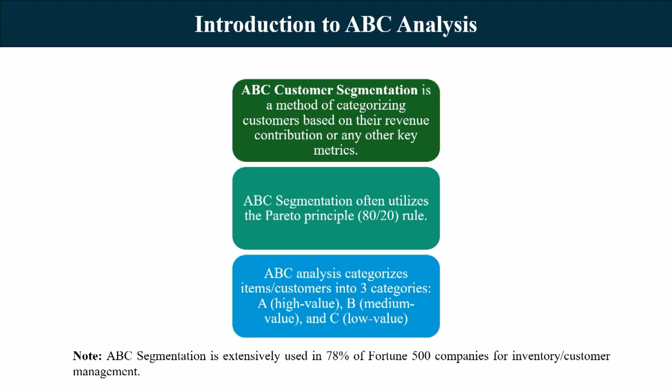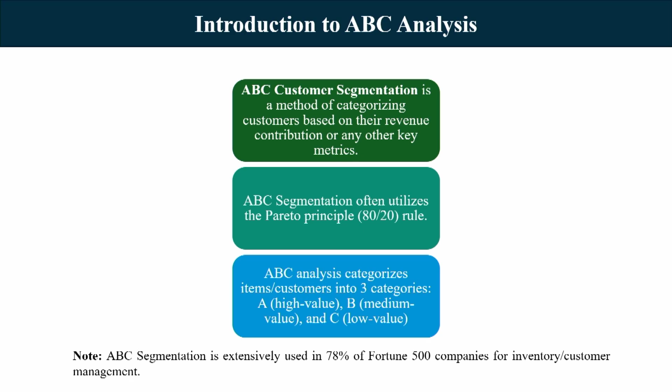Essentially, the ABC analysis divides the customers into 3 categories: category A, category B and category C. The category A customers are the most valuable customers, category B customers are of medium value, and category C customers are of low value. You can think of it as a way to focus your efforts where they matter the most.